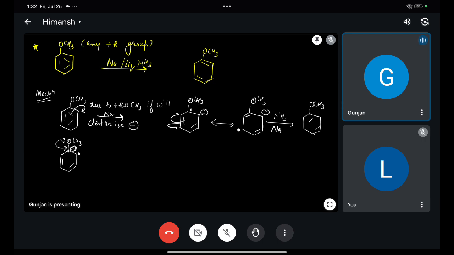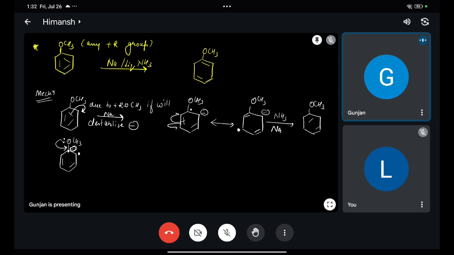Whenever we want to stabilize a charge, we have to see what charge actually there is. If it is negative charge, the negative charge is stabilized if the group is electron withdrawing. Electron withdrawing group will stabilize negative charge, right? Yes, ma'am. So OCH3 is not electron withdrawing. It is an electron donating group.